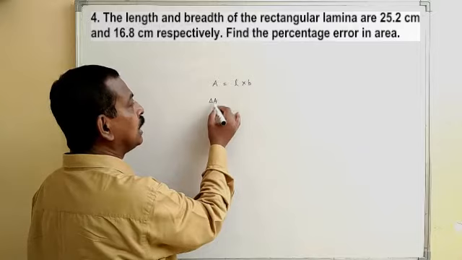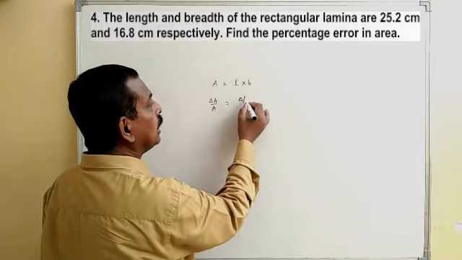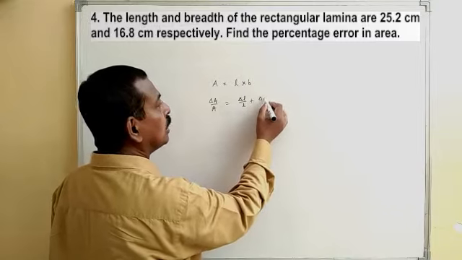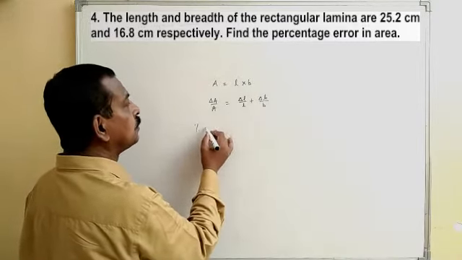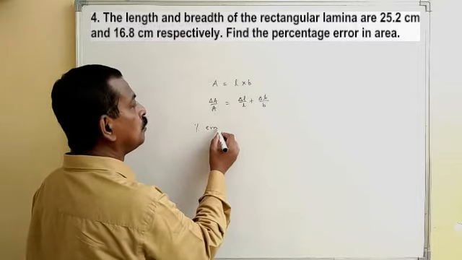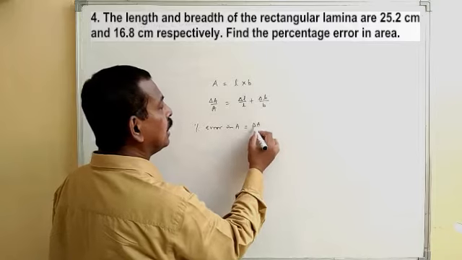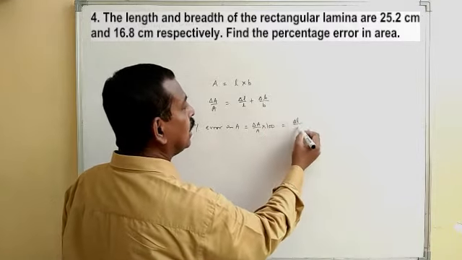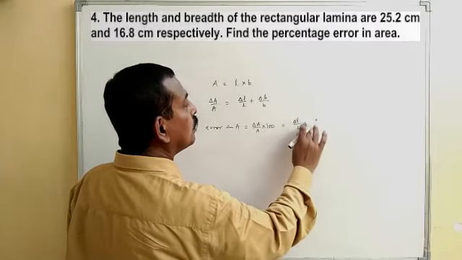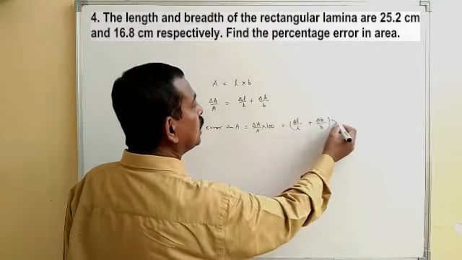So delta A by A will be delta L by L plus delta B by B. And percentage error in A will be delta A by A into 100, which is basically delta L by L plus delta B by B multiplied by 100.